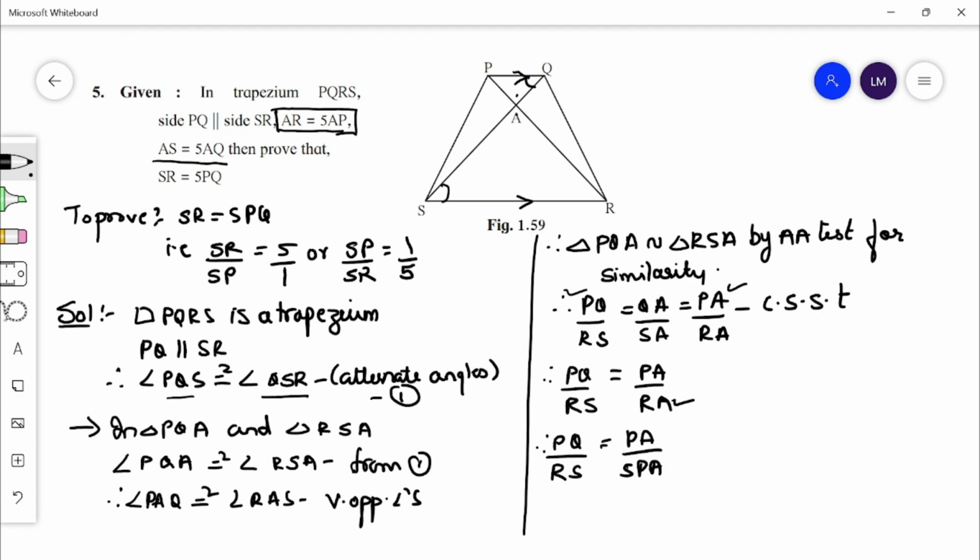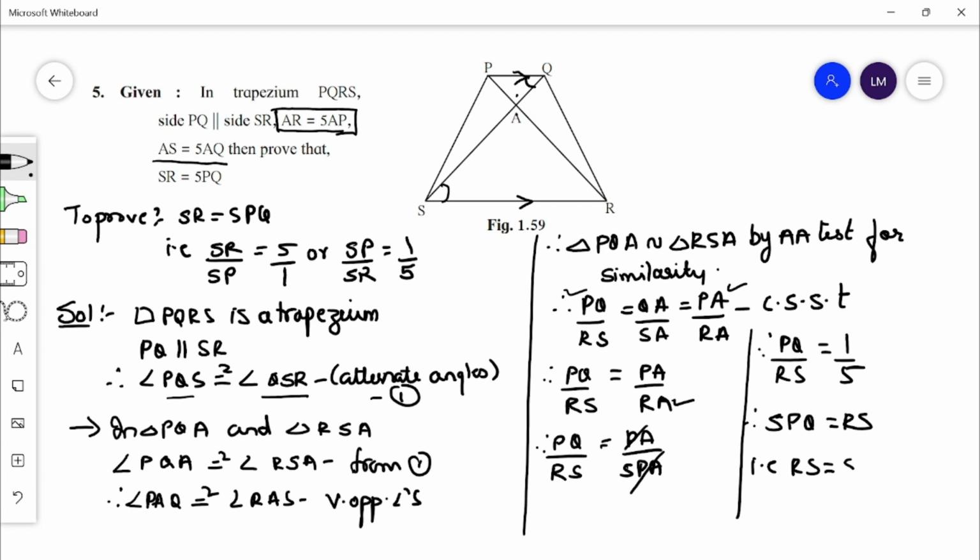AP means PA, so both get cancelled. Therefore, PQ upon RS is equal to 1 upon 5. So cross multiply: 5 PQ is equal to RS. That is, RS is equal to 5 PQ. Hence proved.